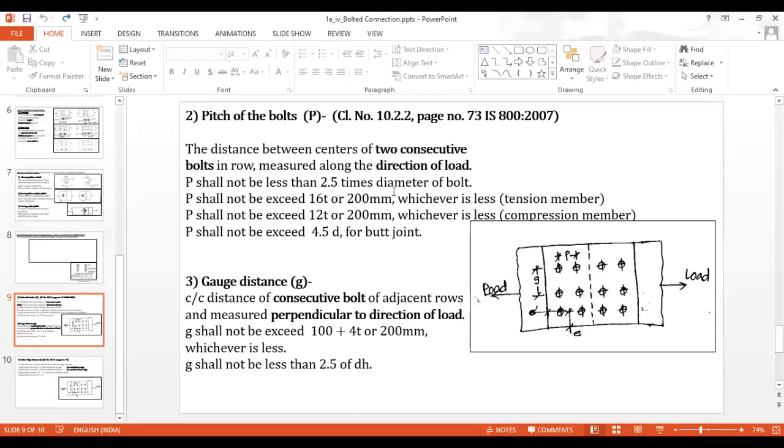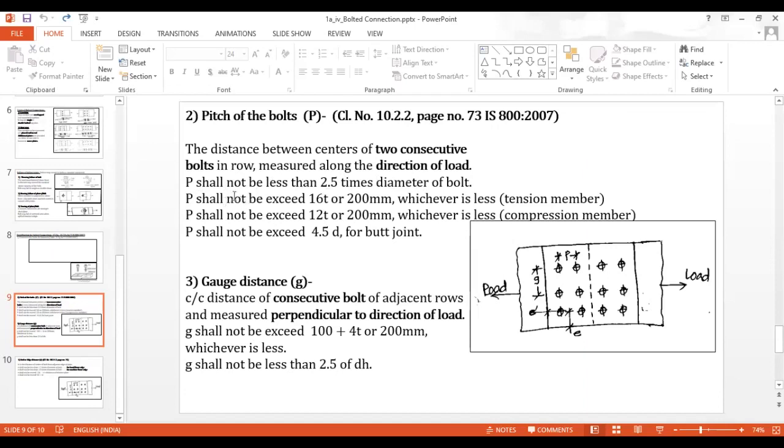Now clause number 10.2.2 gives us an idea regarding how much the pitch distance should be. The first is that the pitch distance shall not be less than 2.5 times the diameter of the bolt.